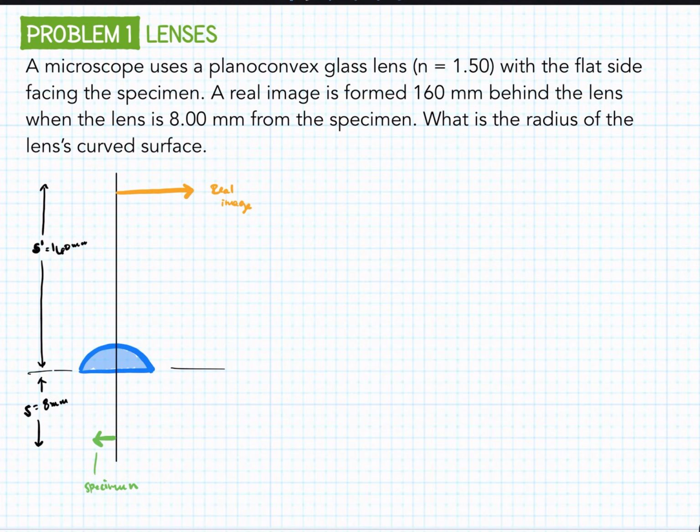Alright, and we know that the n is equal to 1.5 for glass. So we're going to use that for our lens maker's equation, and we want to know what's the radius of the lens's curved surface. Okay, so here we have to use both the thin lens equation, which looks like this.